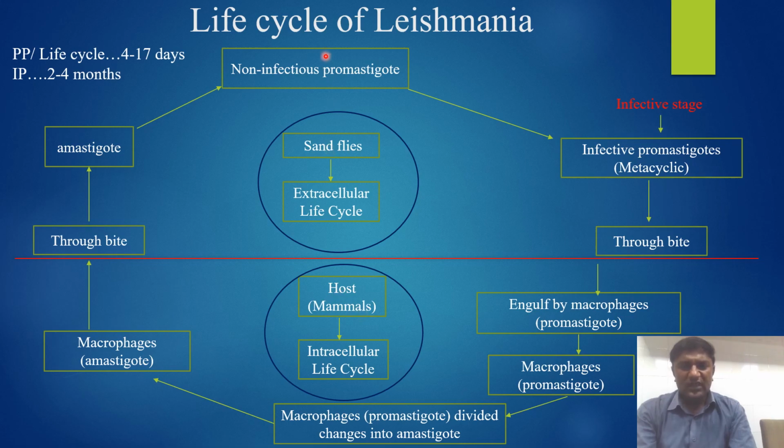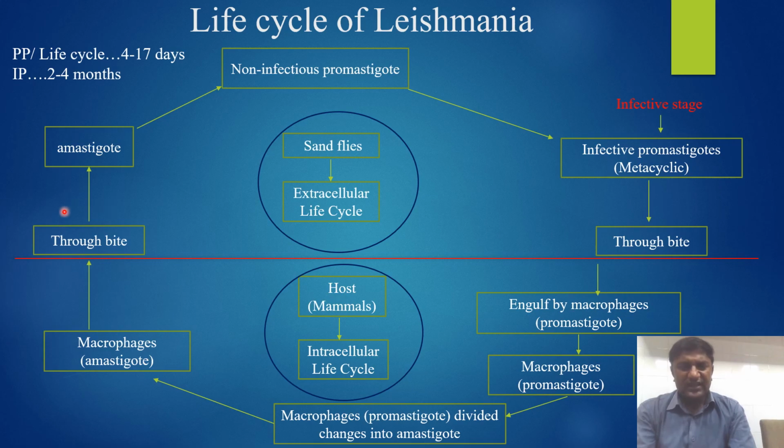In the sandfly, the non-infectious promastigote changes into the infective promastigote, that is the metacyclic, also called the infective stage. When the sandfly bites, the promastigote is engulfed by the macrophages, and in the macrophages the promastigote changes into the amastigote.